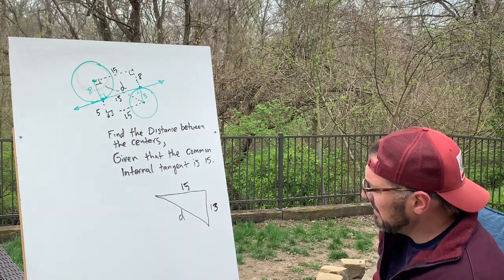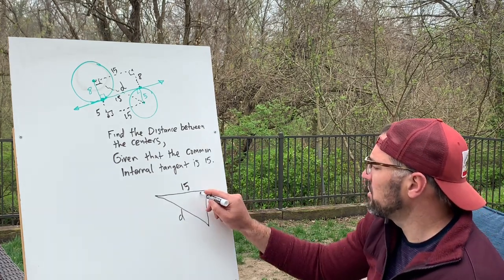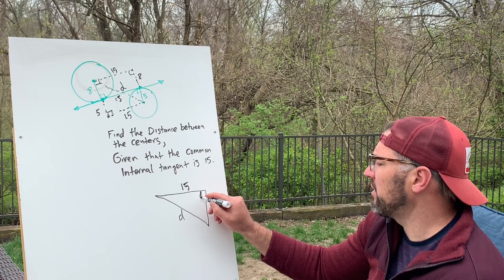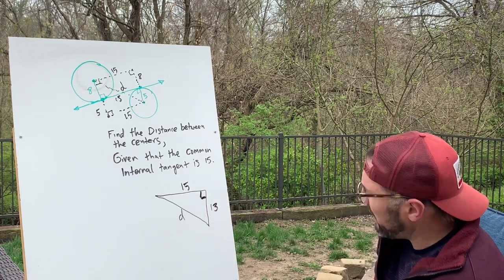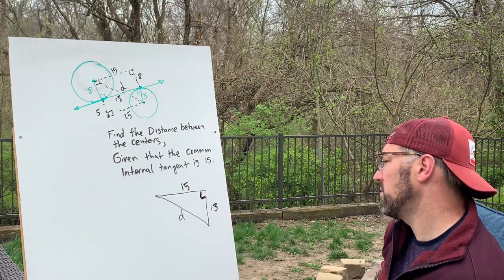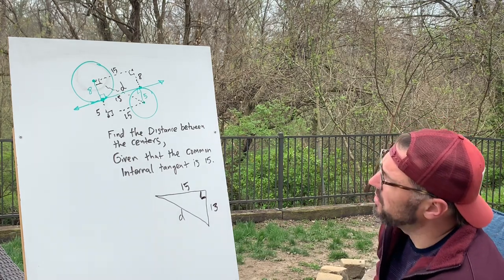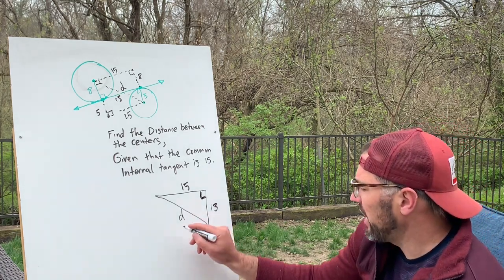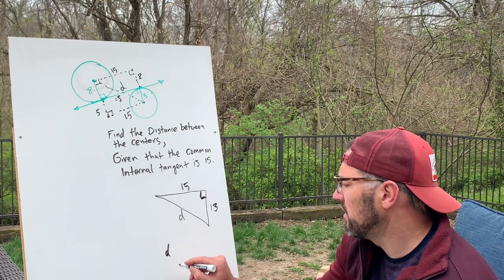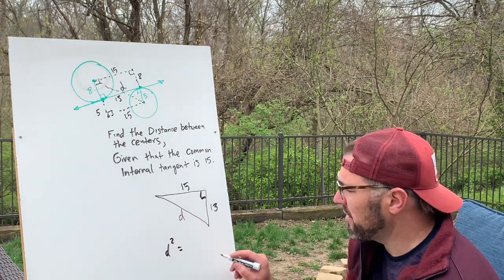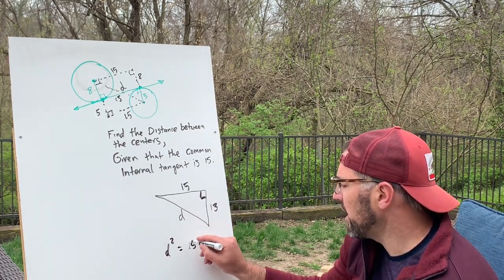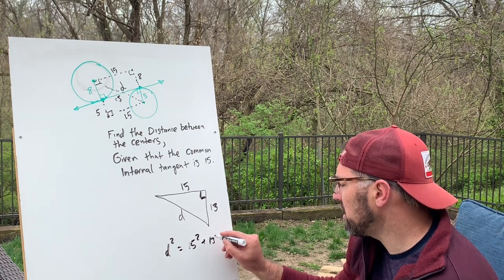Well, let's see. It's a right triangle, so I could use the Pythagorean theorem. Is that a special one? No, that's not a special one. Okay, so I can still find the distance D. D squared equals, using the Pythagorean theorem, 15 squared plus 13 squared.